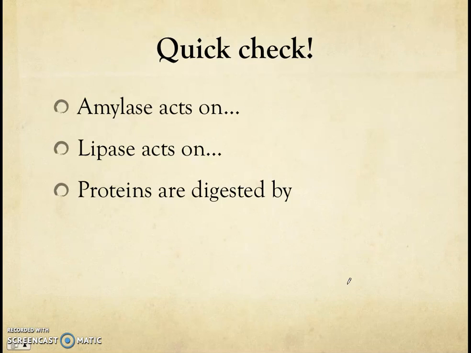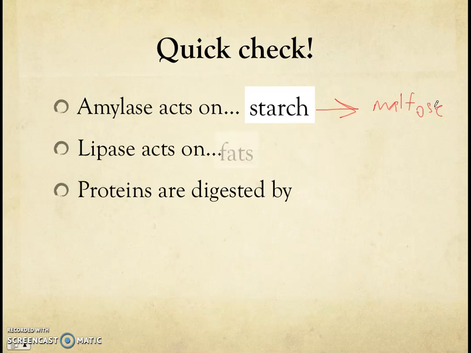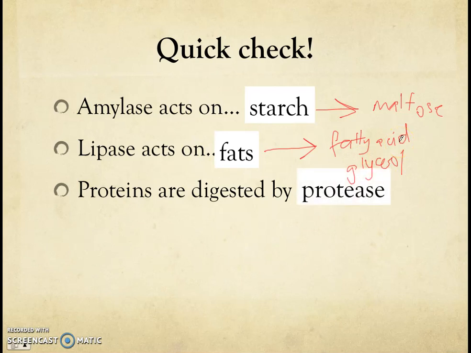What does amylase enzyme act on? Starch, right? And it breaks starch down to maltose. Okay, lipase acts on fats and breaks it down to fatty acids and glycerol. Finally, proteins are digested by protease.